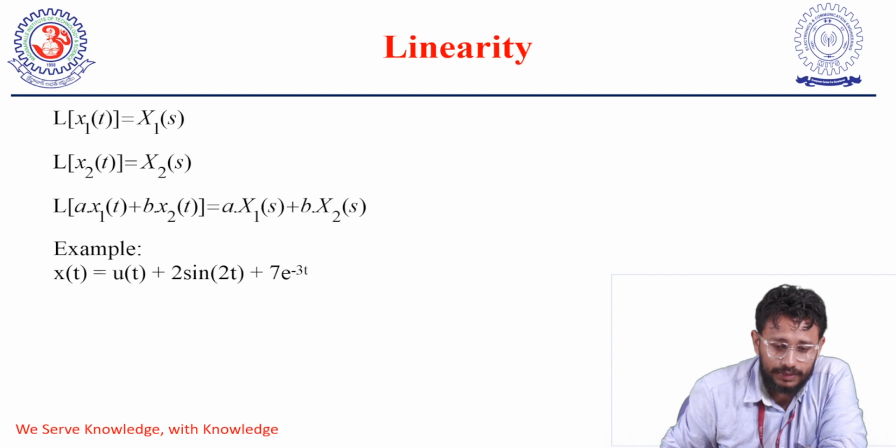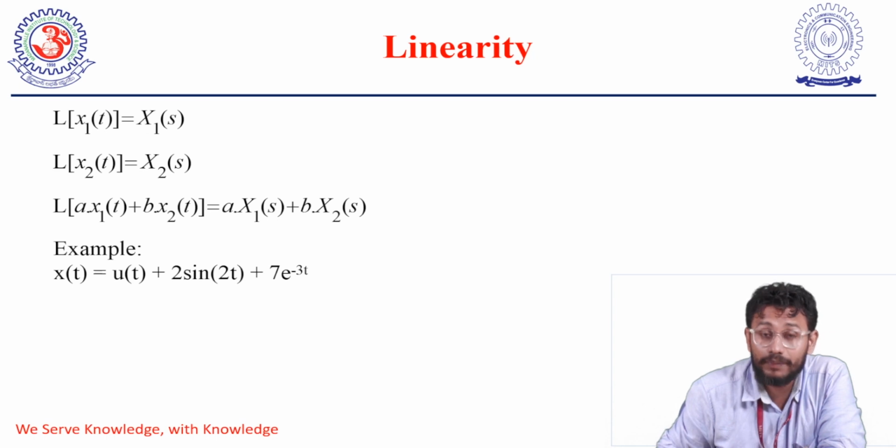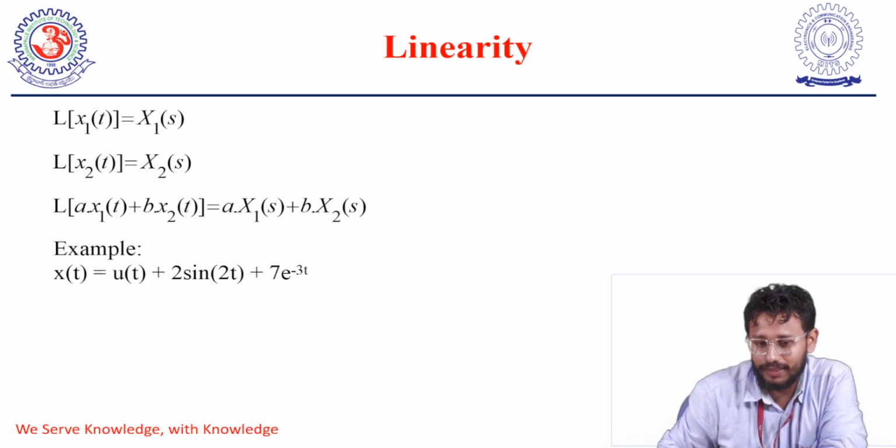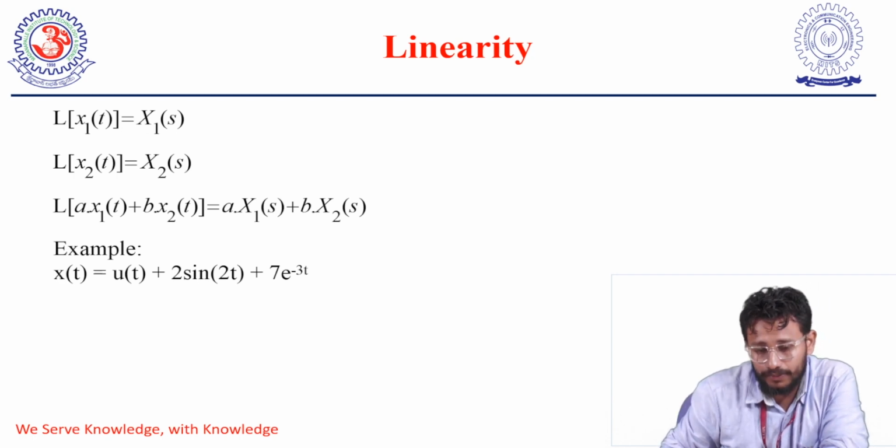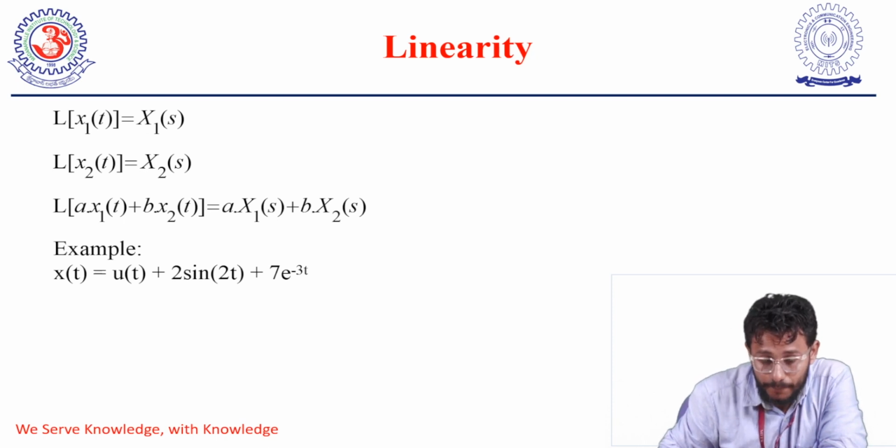Say for instance, I take a function x1 of t, and its Laplace transform is capital X1 of s. And if I take another function x2 of t, these are in time domain, of course, and when I convert it to the Laplace domain, I have X2 of s in the s domain.